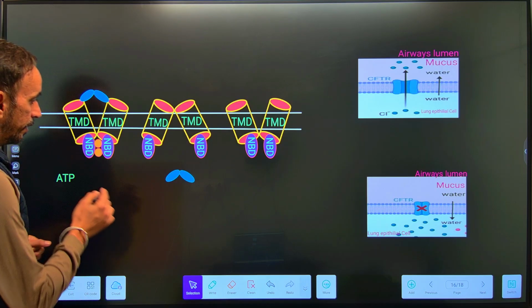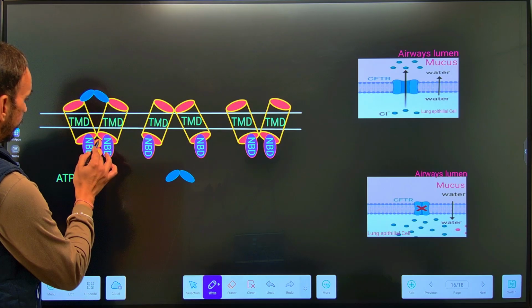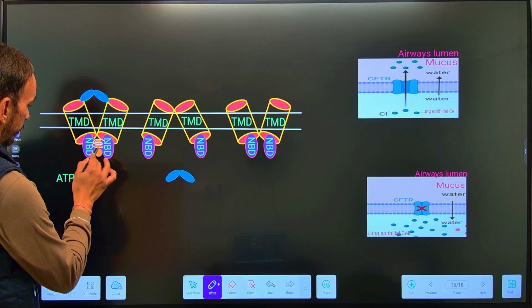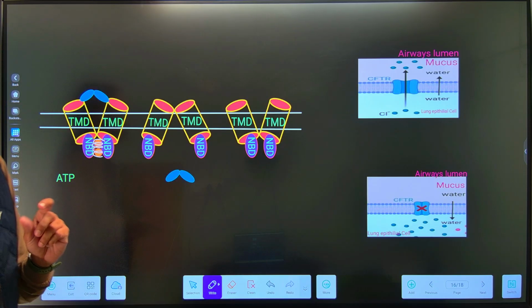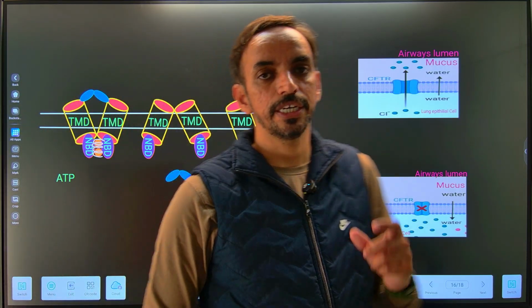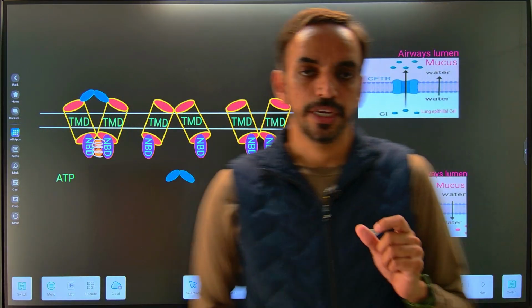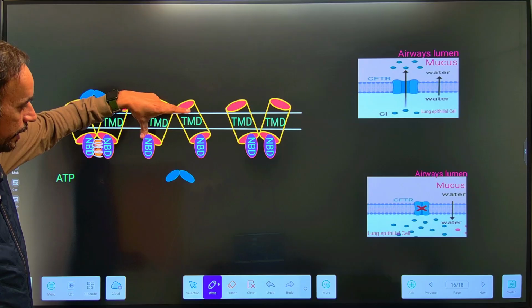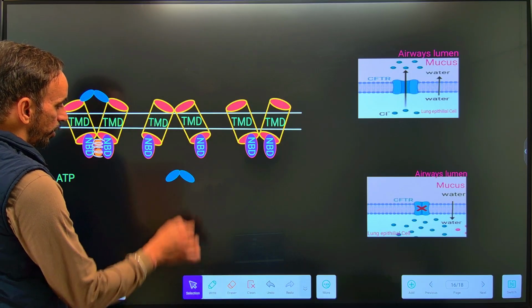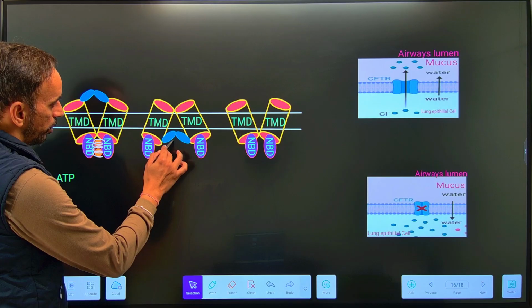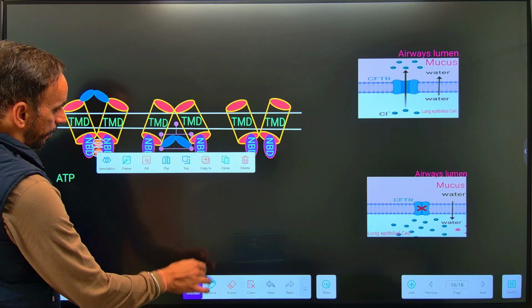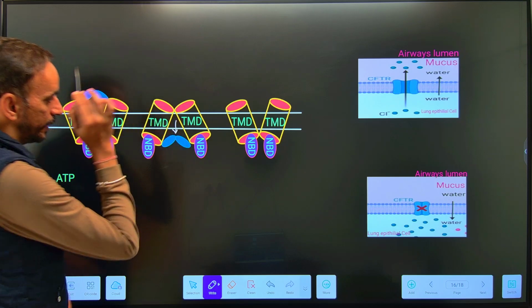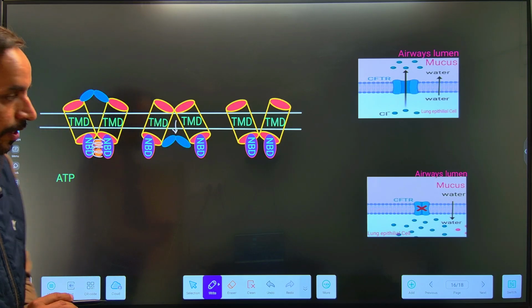After this, there is a dimerization of the nucleotide binding domains, and it will make a conformational change in the transmembrane domain. The transmembrane domain changes its orientation, and there is a transportation of the molecule towards the inner side of the cell.